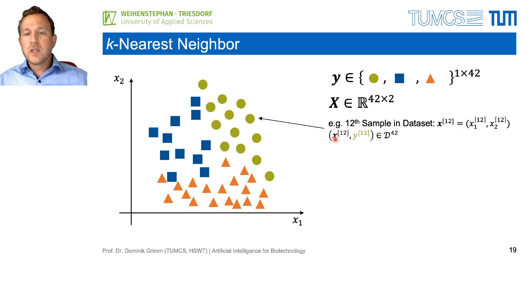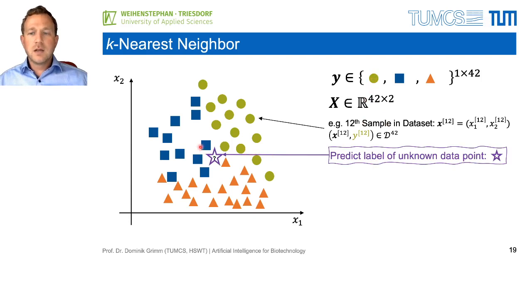All the features for sample 12, and here we have the label. The label is the green circle. And what we would like to do now is predict the label for this star. That's an unknown data point, and the prediction task is, can we infer what is the class of this data point?